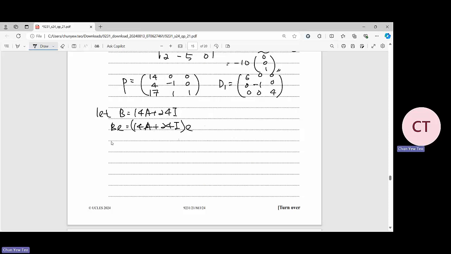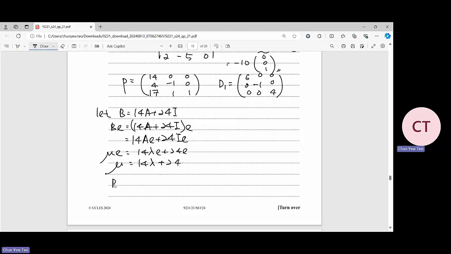I have BE equal to 14AE plus 24IE. So this one is actually mu E equals 14 lambda E plus 24E. Cancel the E, you get mu is equal to 14 lambda plus 24. Okay, that is a relationship.